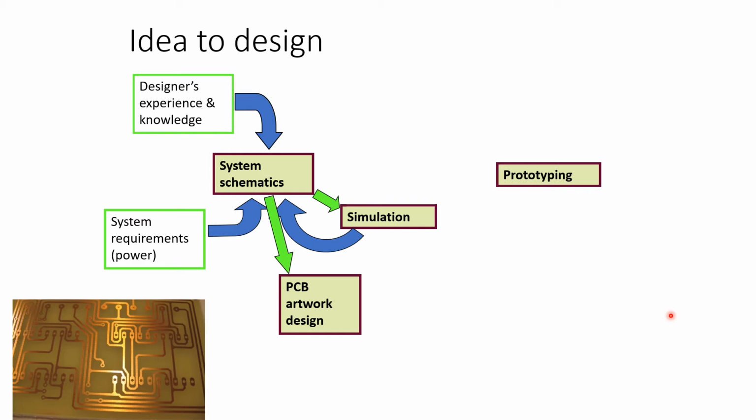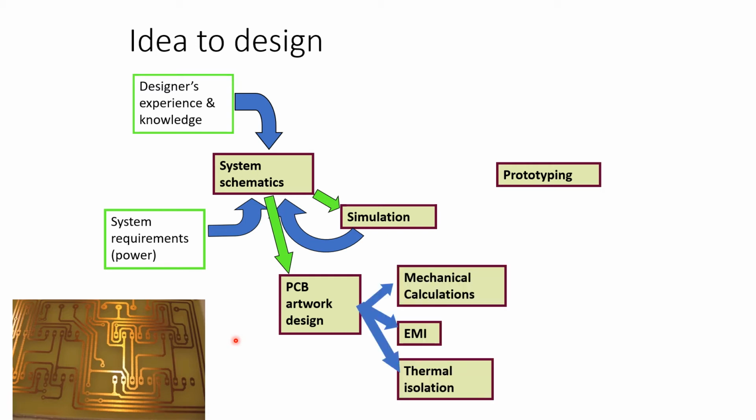And in certain cases, if your circuit design is very complex, it's nice if you could directly convert that into a PCB artwork like what you see over here, and then you can solder it and do the prototype, especially on the PCB. So when you do the PCB artwork design, there are a few things you need to take care of.